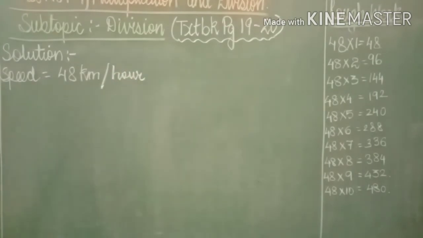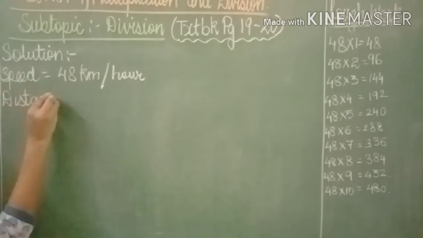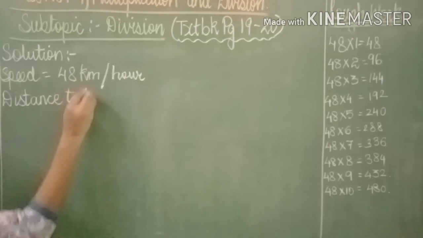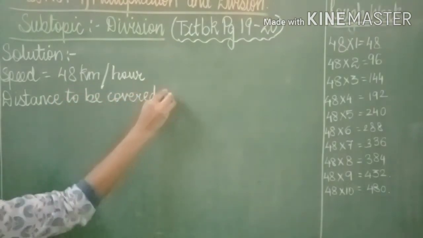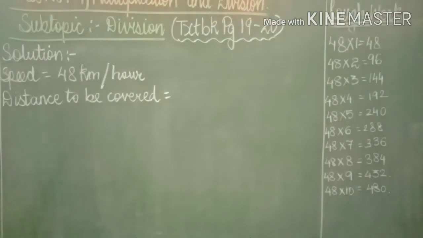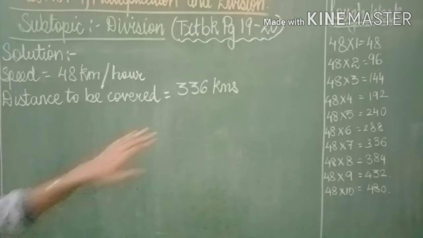Okay? Now we are going to write the distance to be covered. How much is the distance, everyone? We know it is 336 kilometers. As you can see, 336 kilometers.